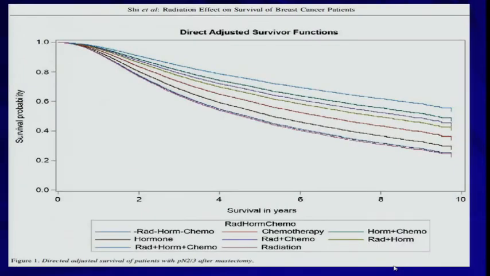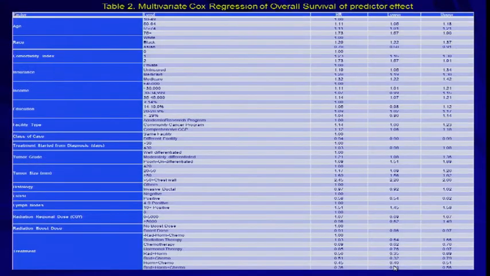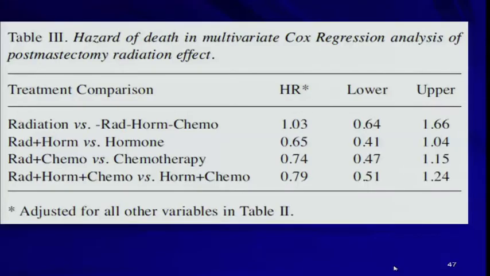Then we looked at their directly adjusted survival by the different kinds of treatment. You can see those who received radiation, hormone, and chemo have much better survival than this group here, but there may not be a difference. I have an evaluation on the next slide, but this is a full adjustment for other effects. We look at the result here. Then here we assess the radiation effect.